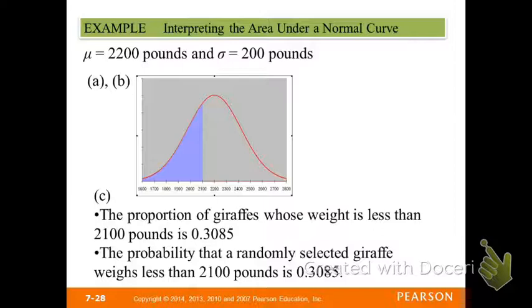Also, the second interpretation is the probability that a randomly selected giraffe weighs less than 2,100 pounds is 0.3085. So the probability is 0.3085. There's two ways of stating the same thing.